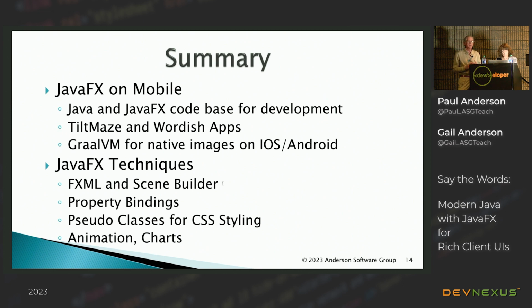You also learned about JavaFX techniques: how to use Scene Builder to generate FXML, how to do property bindings with observable properties, and advanced CSS styling with pseudo classes. We also showed you how easy it is to do animation in JavaFX, and it's really straightforward.